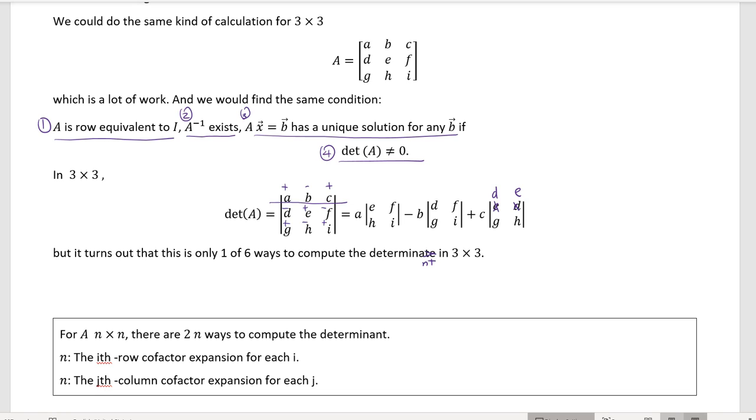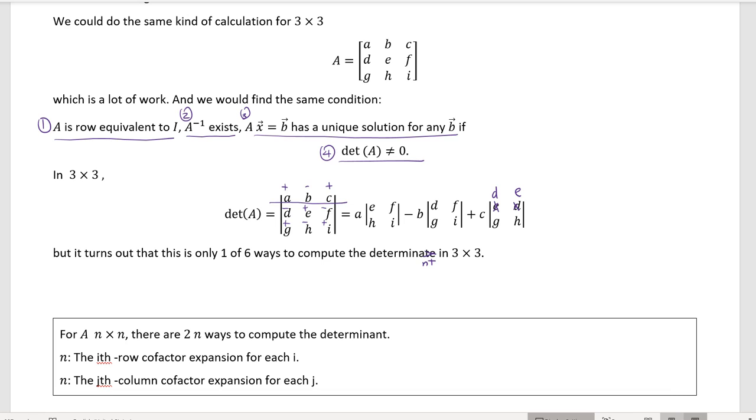Okay, if you choose one row, you just take positive G times the determinant of the submatrix by deleting the corresponding row and column, and then minus H times the determinant of the submatrix, and plus I times the determinant of the submatrix. Okay?